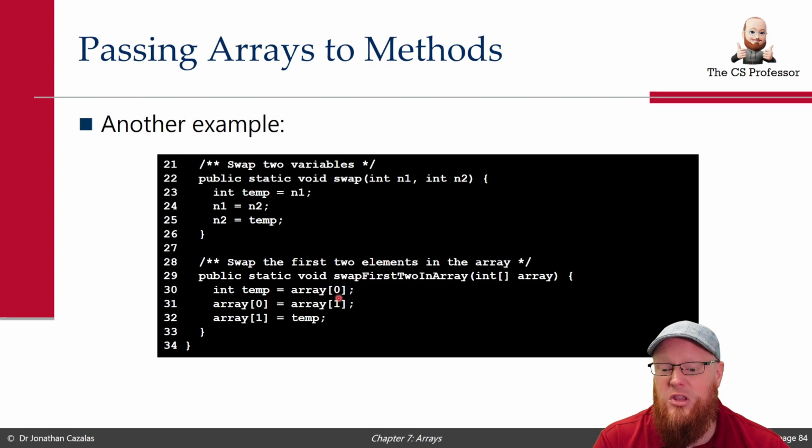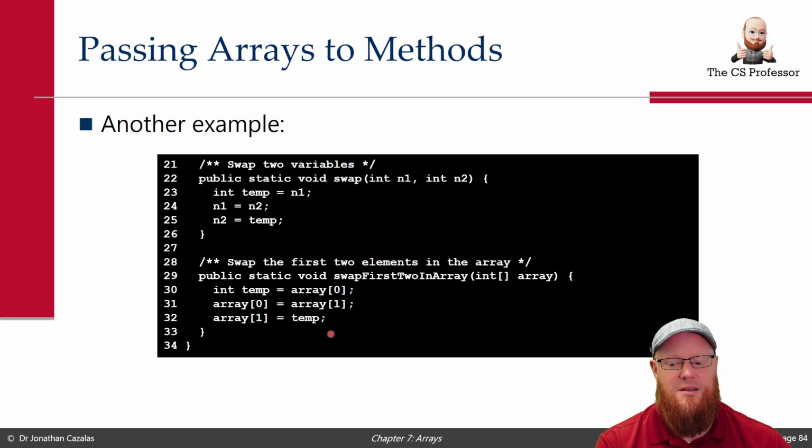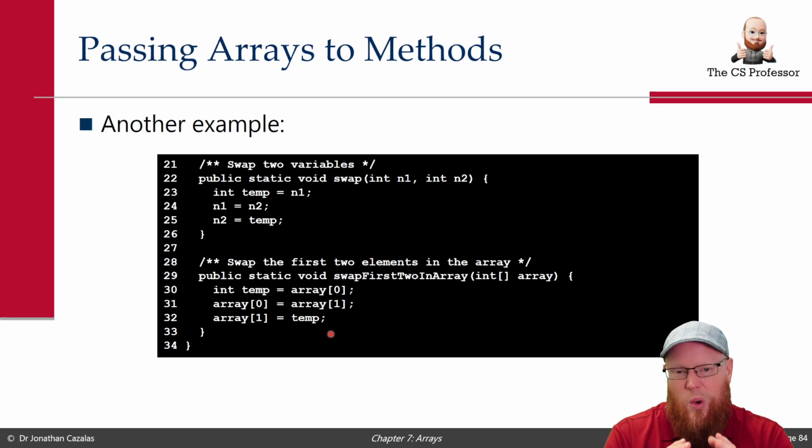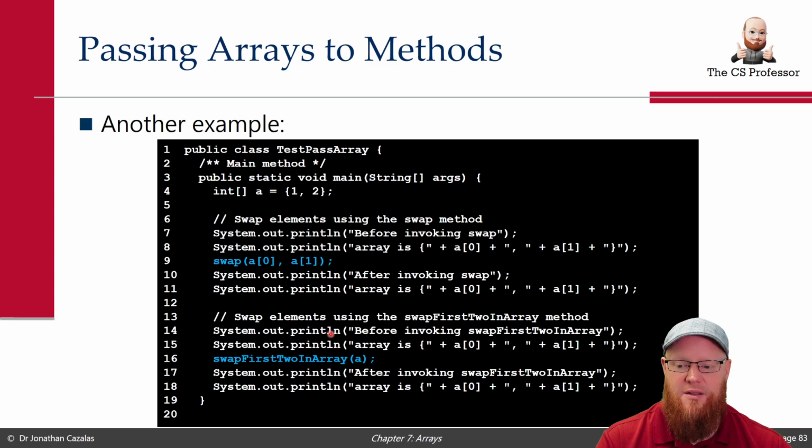We took the value at index 0, saved it to temp. The value at index 1, we saved to index 0. And then the value that we put into temp, we save it back to index 1. So we're accessing directly the values on the heap. And we swapped those values on the heap, which means those changes are going to persist outside of the method.